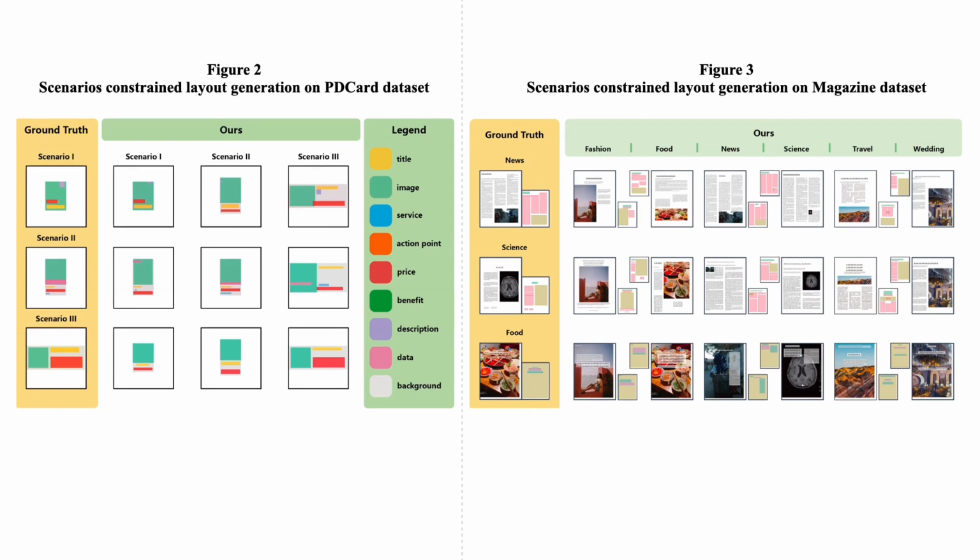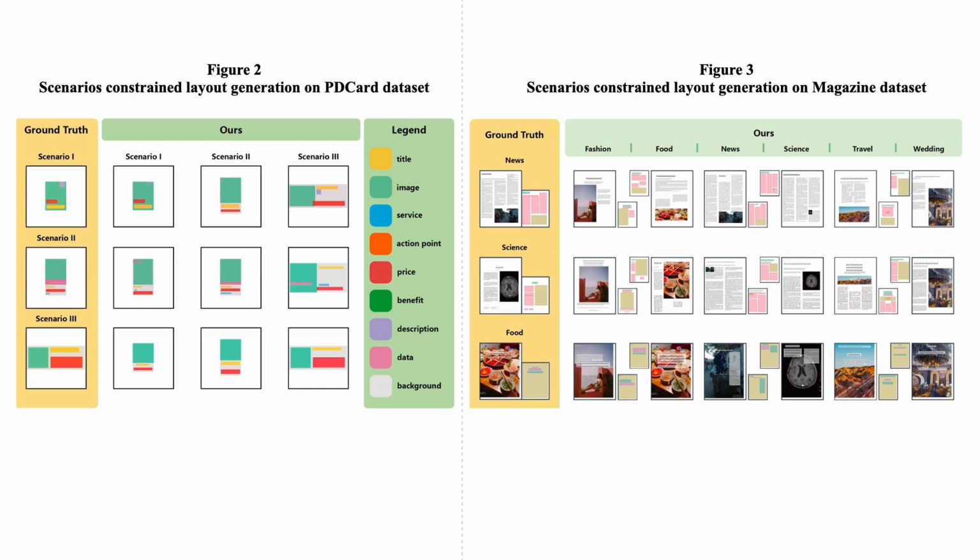We also qualitatively evaluate the performance of our model by comparing different generated results, which were obtained from the same element labels but different scenario constraints on PD card and magazine datasets. Figure 2 and Figure 3 show the results on them respectively.